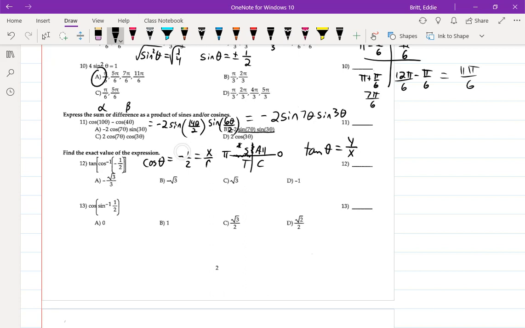So we have the x, we have the r, we just don't have the y. So I need to find the y using the formula x squared plus y squared equals r squared. We know that x is negative 1, so that's negative 1 squared plus y squared equals, we know r is 2, so that's 2 squared. So 1 plus y squared equals 4. So y squared is going to be equal to 3.